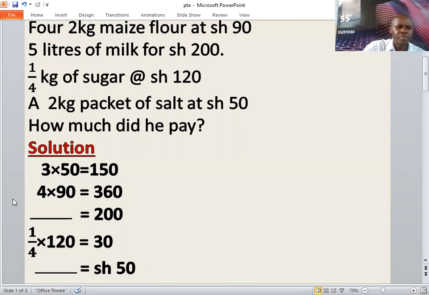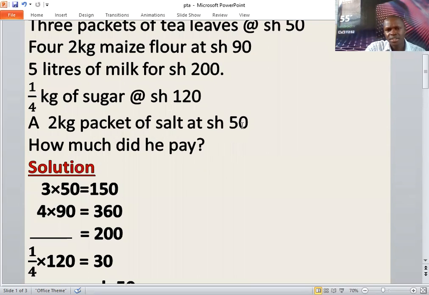Next item, a 2 kilogram packet of salt at 50 shillings. We have at here. What do we do? We multiply.